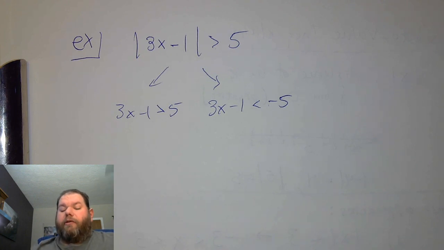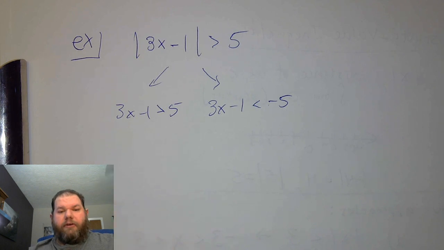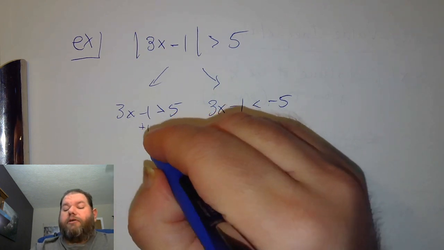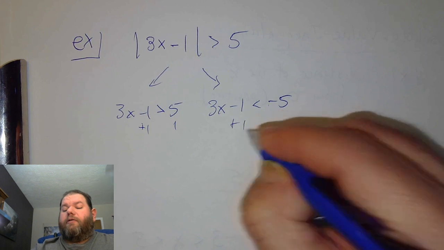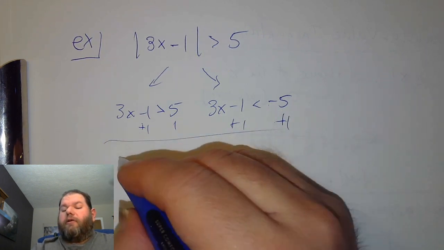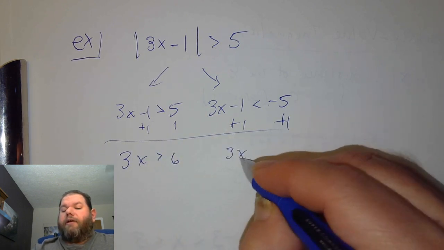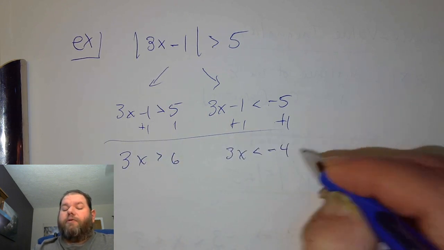Because both of these inequalities have the same expression on the left-hand side, both of them have 3x minus 1, it'll actually take the same two steps to solve each of these inequalities. So we would start by adding 1 to both parts. So 3x is greater than 6, and 3x is less than negative 4.